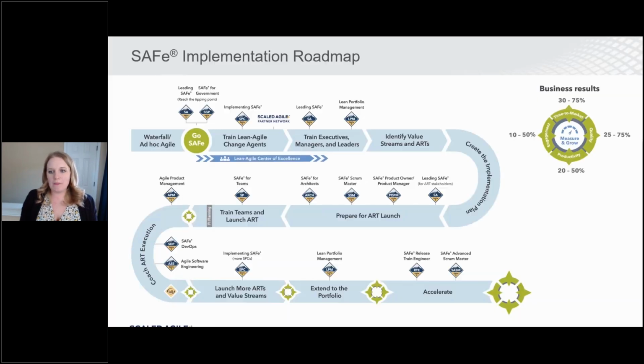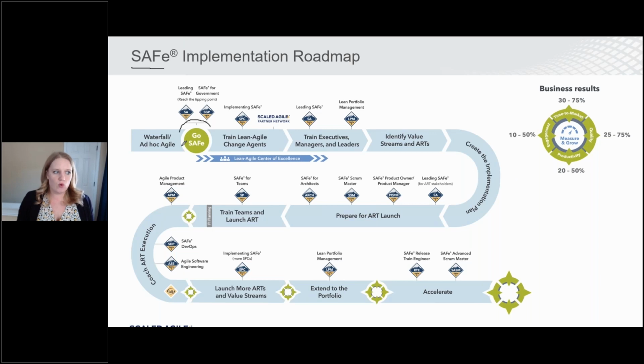And on our path to do this, I wanted to share with the group this SAFe implementation roadmap. So these are core competencies of SAFe, or the Scaled Agile Framework for business agility. And so these are the series of steps that we go through to achieve this business agility.